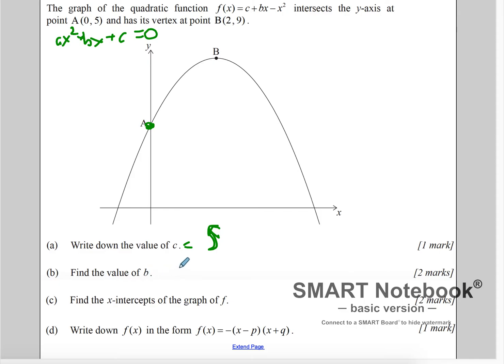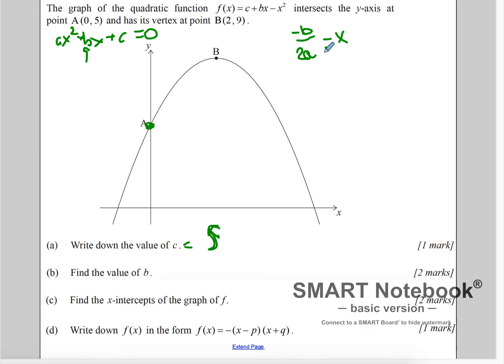Find the value of b. B is, right, this second term in our equation. What's the value of b? Well, again, we can use that axis of symmetry formula, right? So negative b over 2a is equal to x.